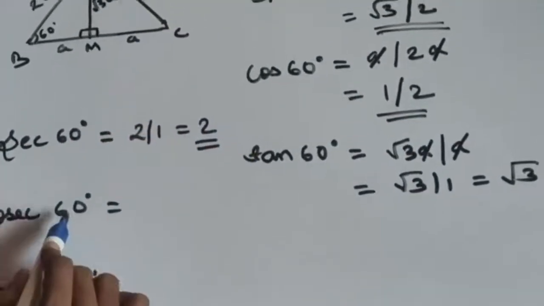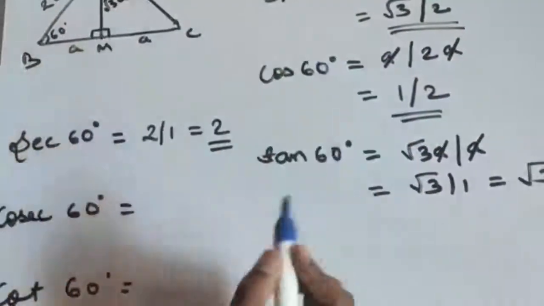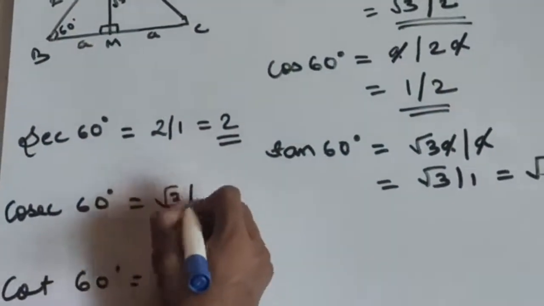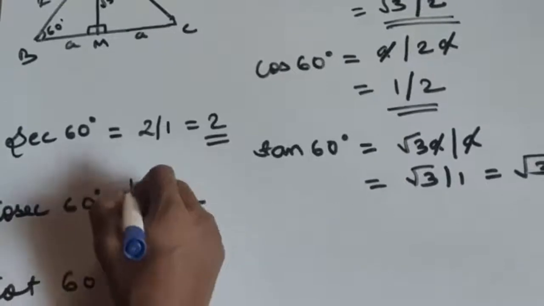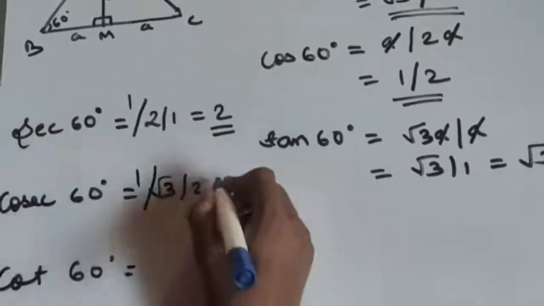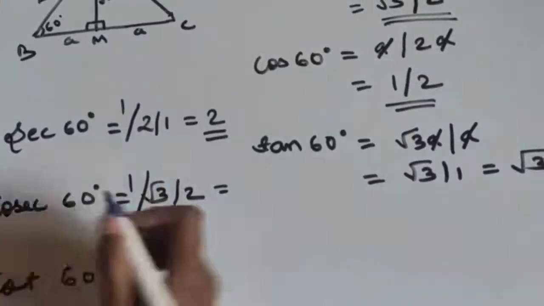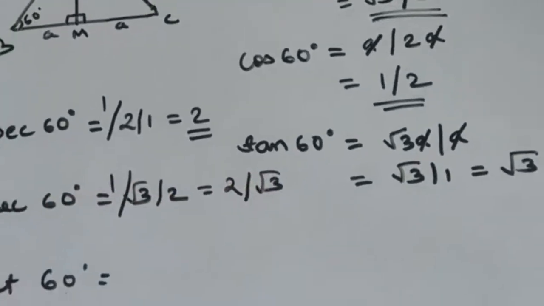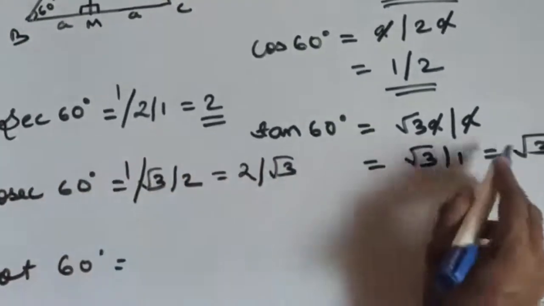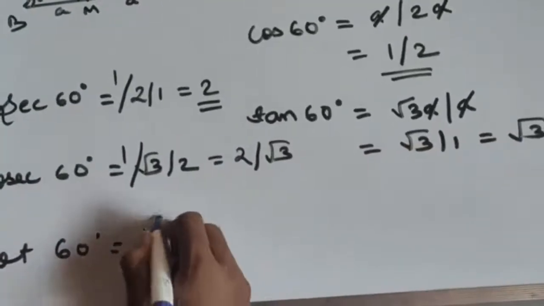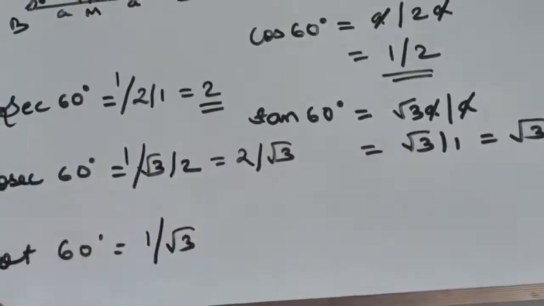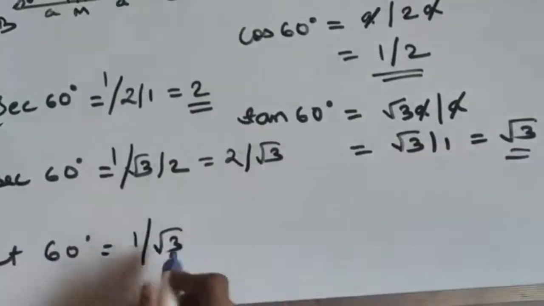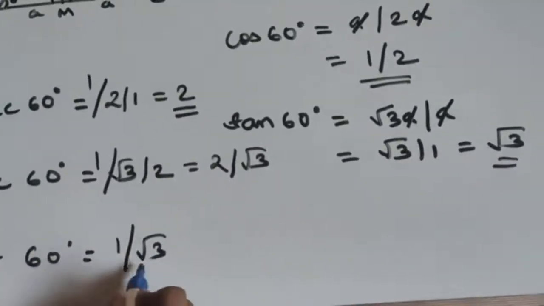For cosec, it will be the reciprocal of sin 60 degree, which is root 3 by 2. So 1 upon root 3 by 2 will be 2 by root 3. Similarly, for cot 60 degree, it will be the reciprocal of tan 60 degree, which is root 3, so we get 1 by root 3.